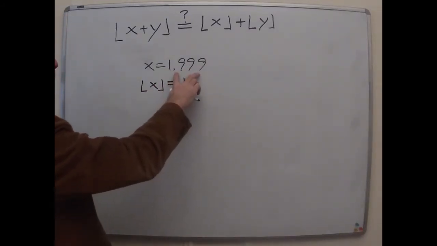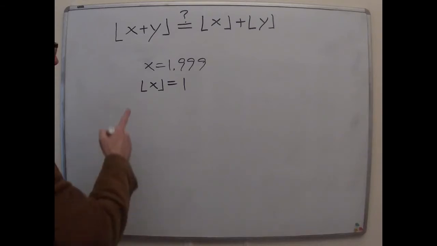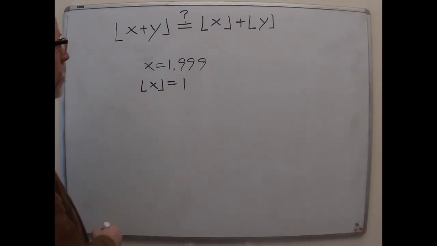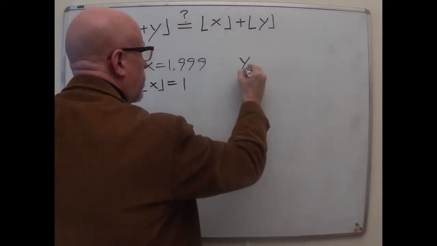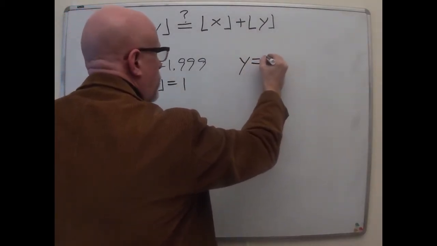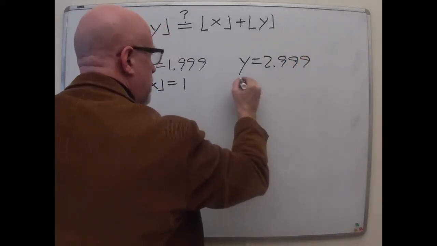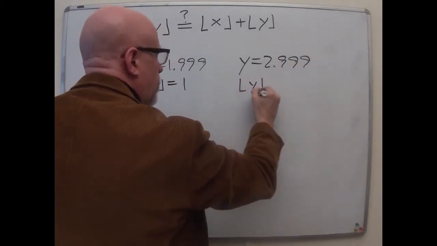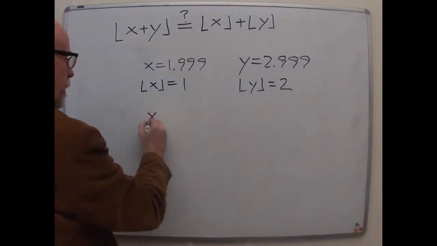I've taken off almost a value of 1 from it, changed the result by 0.999. That's a great hint. What if we make both numbers be kind of extreme like that? Y also like 2.999. Then the floor of y would be 2. Well, what's x plus y?